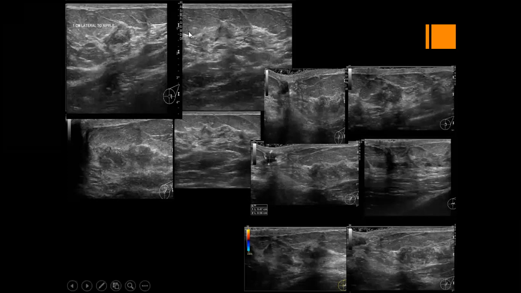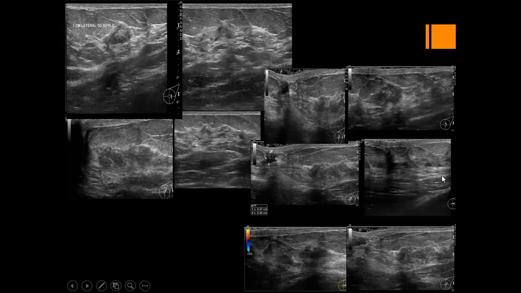This is the earliest image. It demonstrates subtle distortion and altered parenchymal echogenicity. It looks a little bit hypoechoic with some distortion and mild skin thickening. I'll show you later the clear area to compare with.